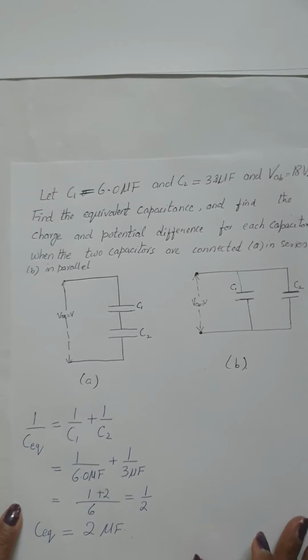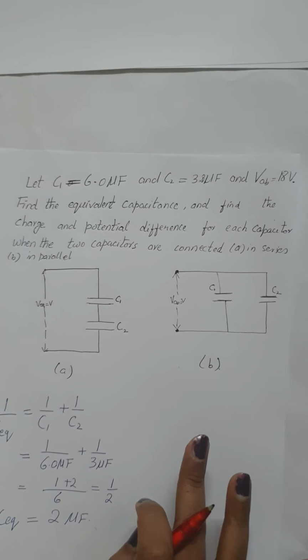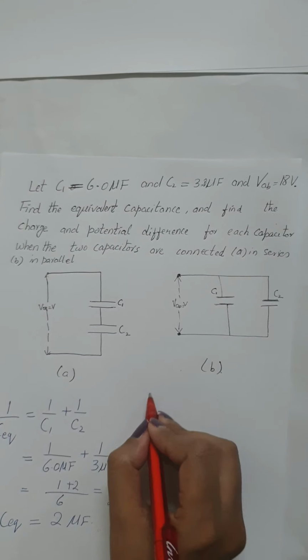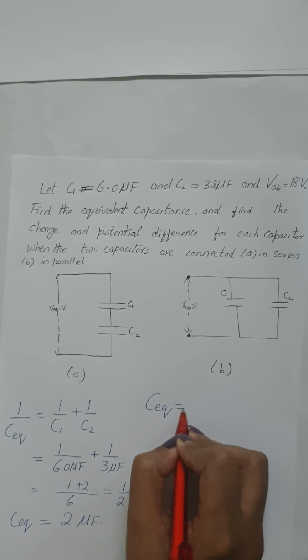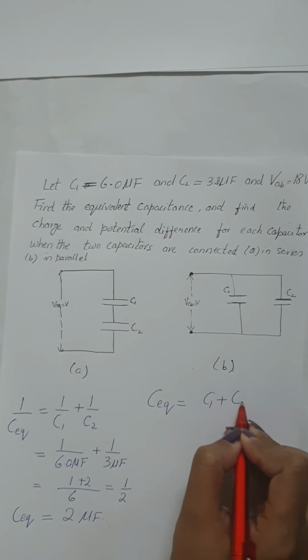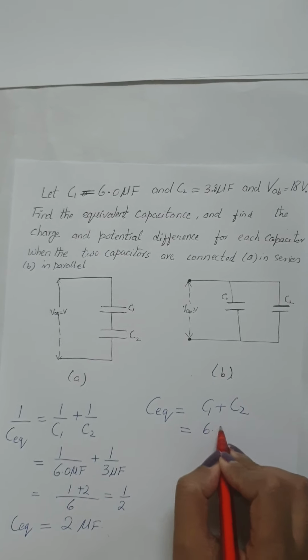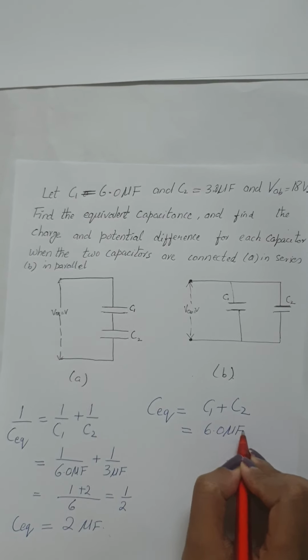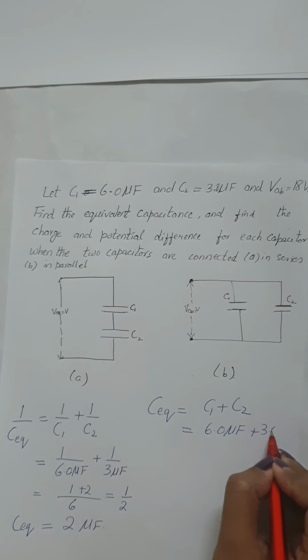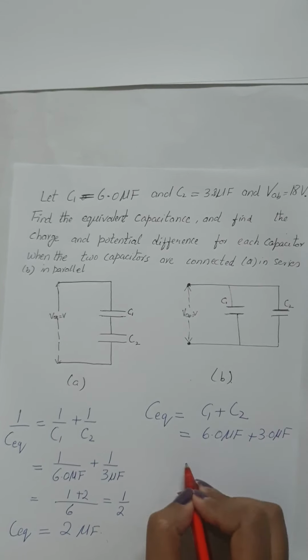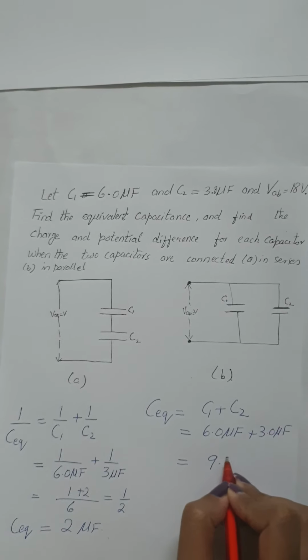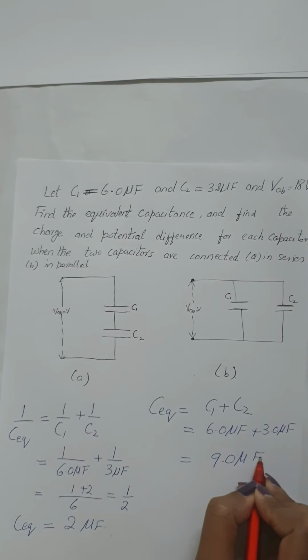Now find out the equivalent capacitance for parallel combination. We know C equivalent is equal to C1 plus C2, 6 microfarad plus 3 microfarad. It becomes 9 microfarad.